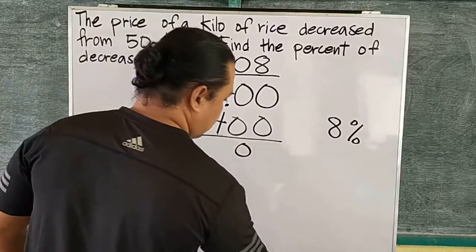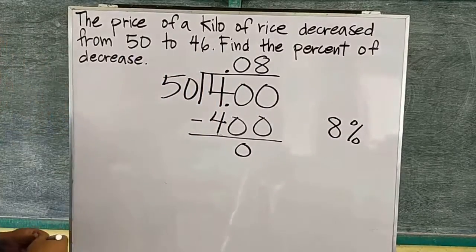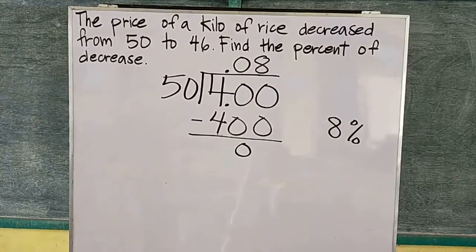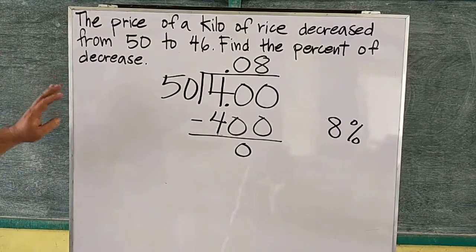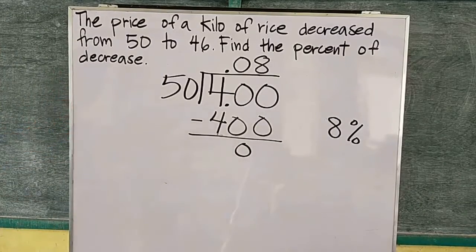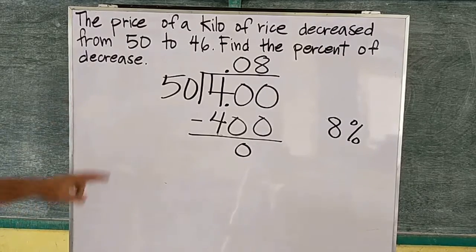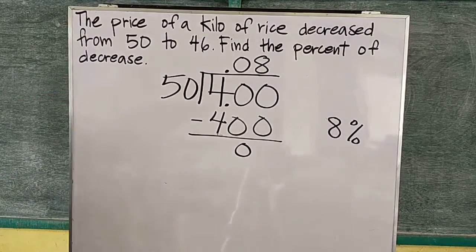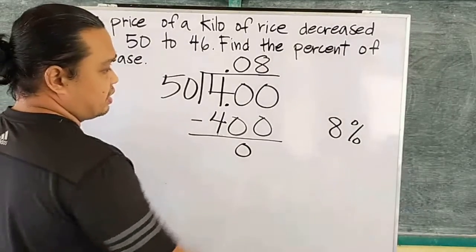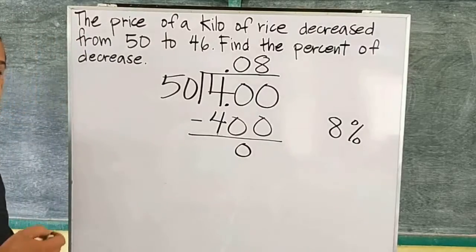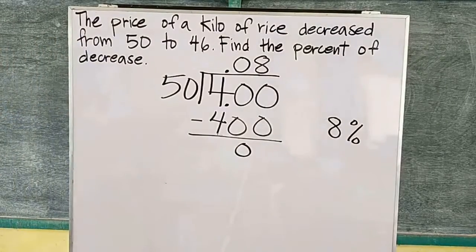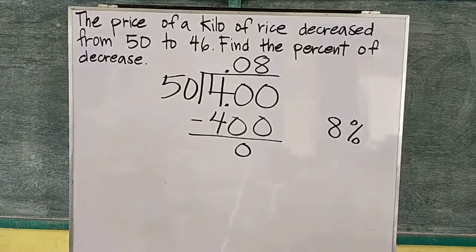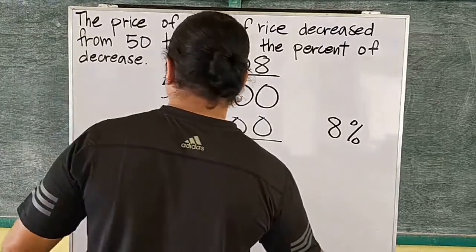So for our answer in our example, how many percent of decrease is the price of rice from 50 to 46? That's 8%. Okay, 8% decrease for the price of rice. Let's have some more examples.